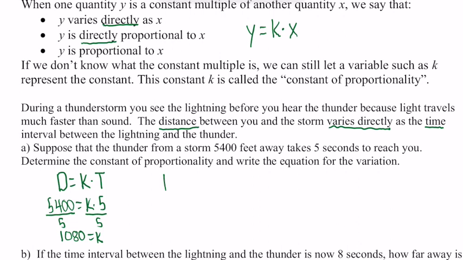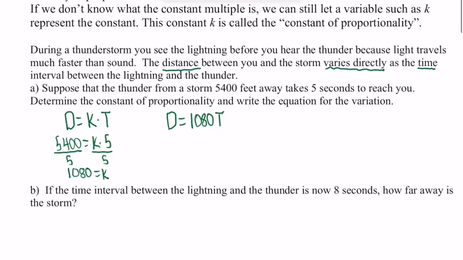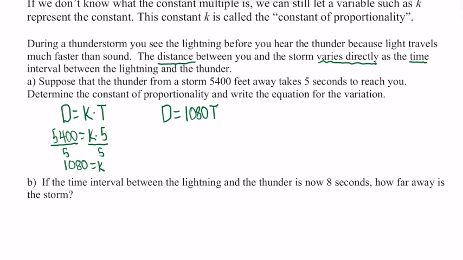So now that we know what k is, we can go back and write our basic equation. Instead of d equals k times t, we can be more specific. d equals 1,080 times t. And now we can answer our question B using that equation we've come up with. It says if the time interval between the lightning and the thunder is now 8 seconds, how far away is the storm?